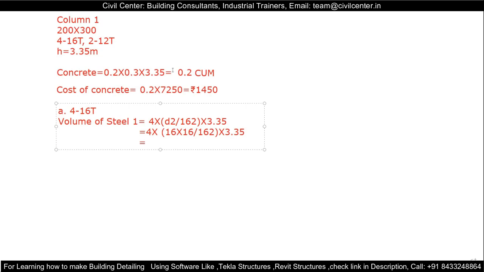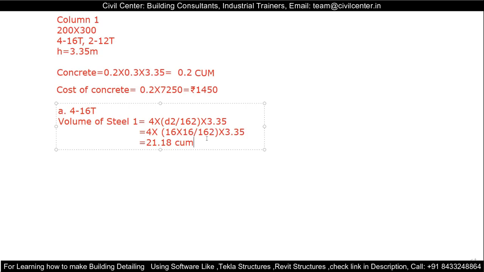Okay, so we can also use it as 21.18 because after rounding it will come like that. Okay, so it's 21.18 over here, and this one is in cubic meter. Okay, here I have taken the cross-sectional area into meter square.